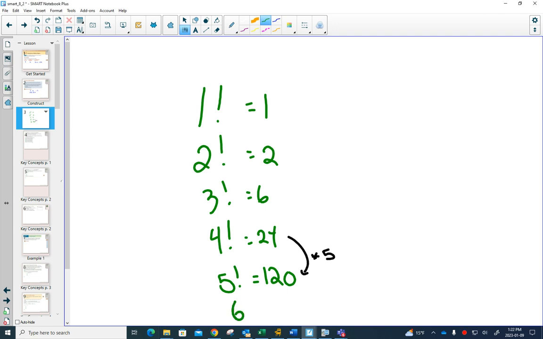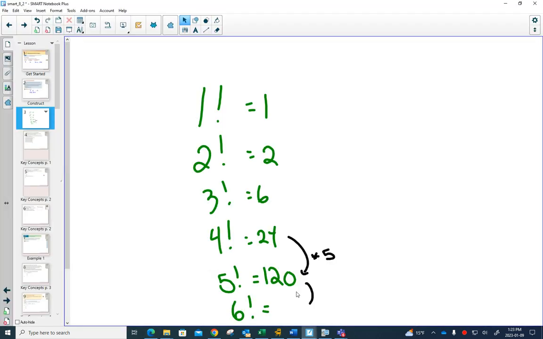So 6 would be taking this last one, making the whole screen disappear, but we're back now, and multiplying this by 6 would give us 720.